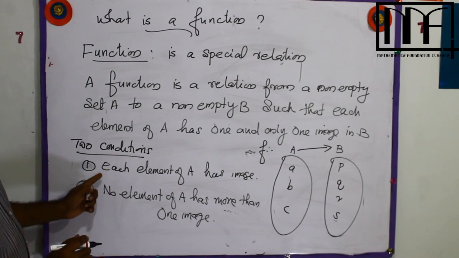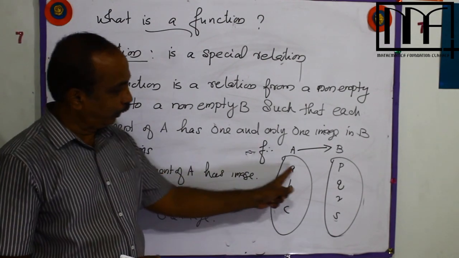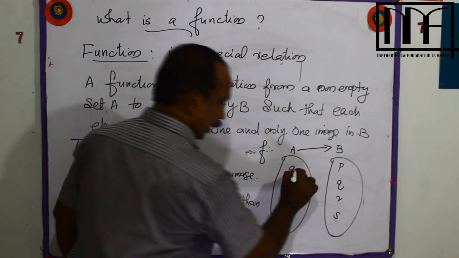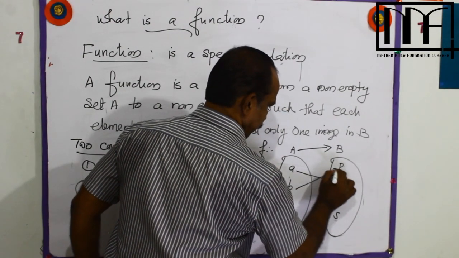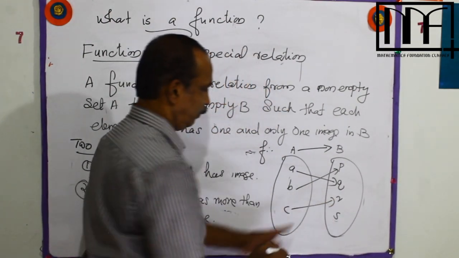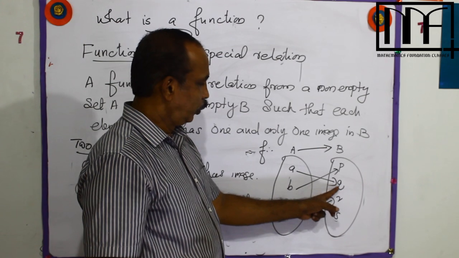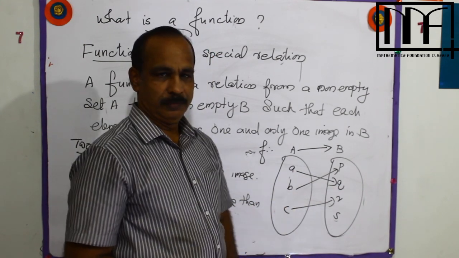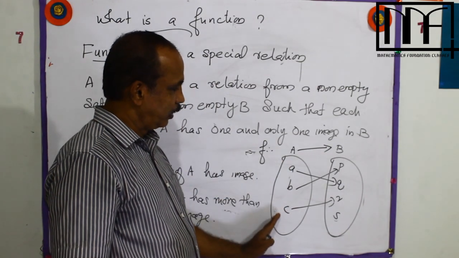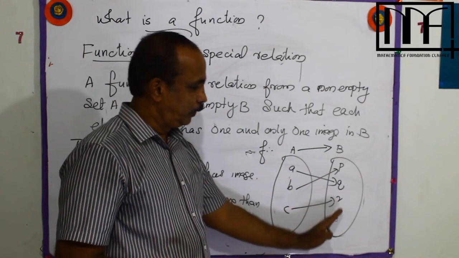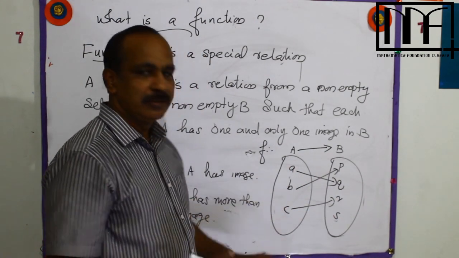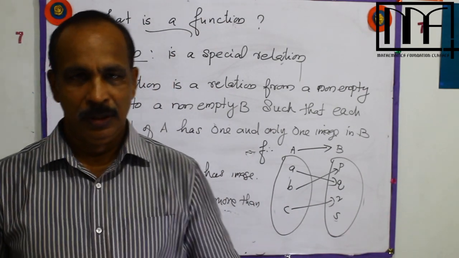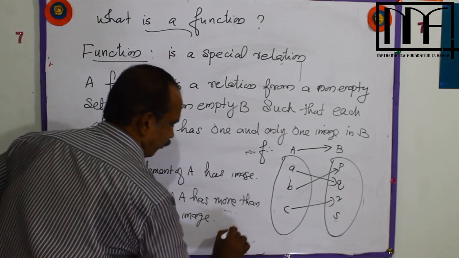So A has an image, B has an image, C has an image. P is the image of B, Q is the image of A, and R is the image of C. So all the elements in A have an image in B, and no element has more than one image. Therefore we call F a function.